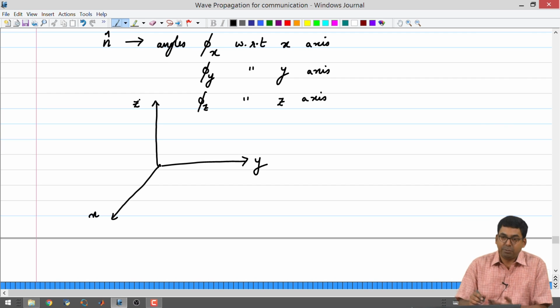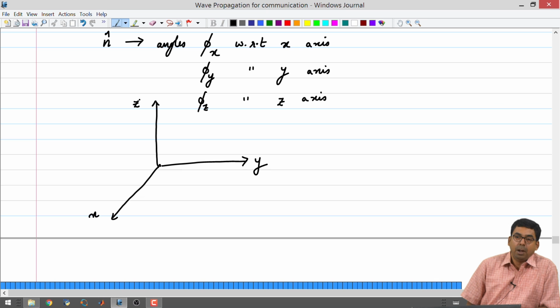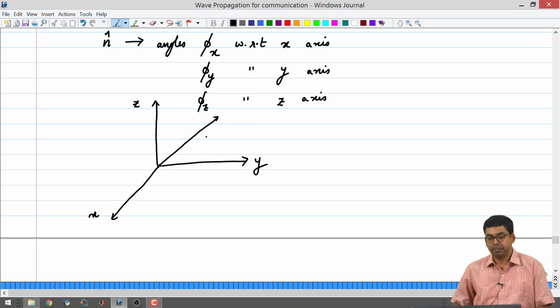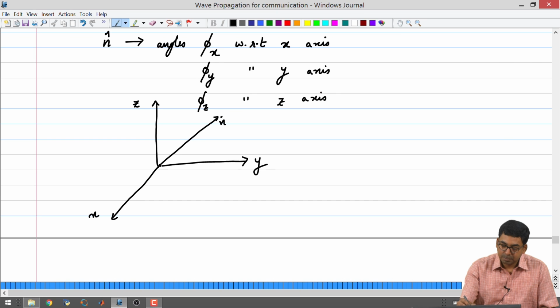And it is going to be tough for me to draw in 3D, so you have to make some imagination, right. So, I am having a direction of travel, say something like this, okay.